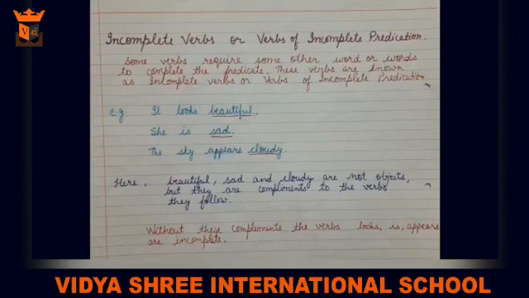But here, beautiful, sad, and cloudy are not objects, but they are complements to the verbs they follow. Clear? And without these complements, the verbs looks, is, and appears are incomplete. Clear?